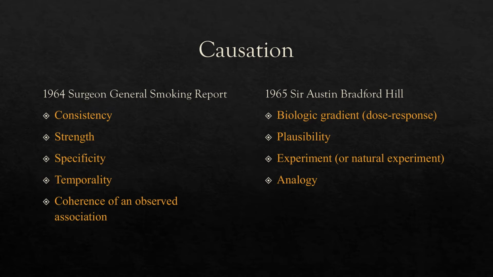And then is it analogous to something else? So is the relationship between these two factors similar to the relationship between other two factors that behave in the same kind of way? So you can show that similar behavior between them. So these are sort of the tests that we now think of for causation, and chapter 4 goes into that in a little bit more depth.